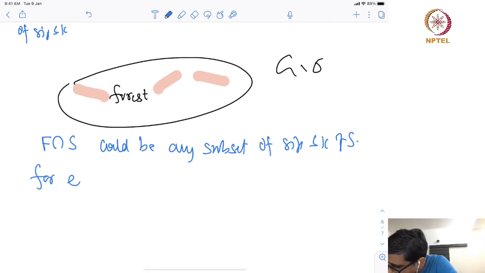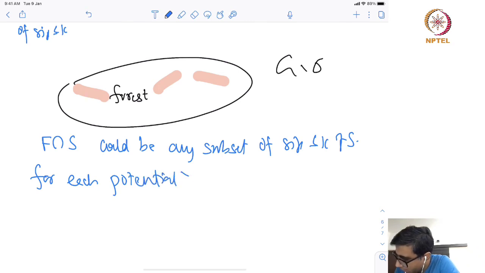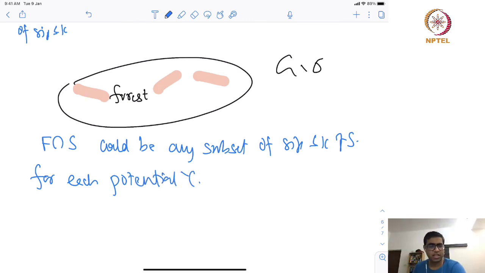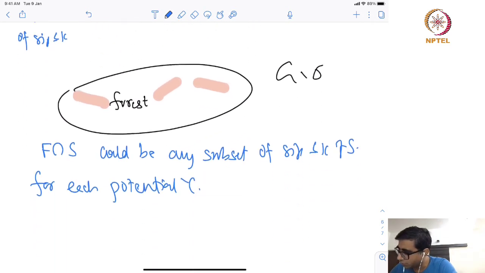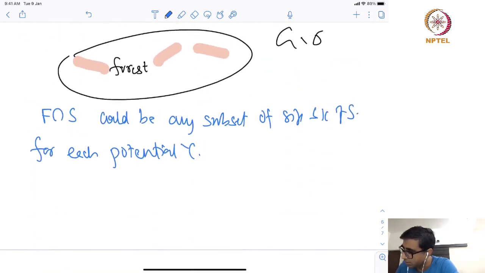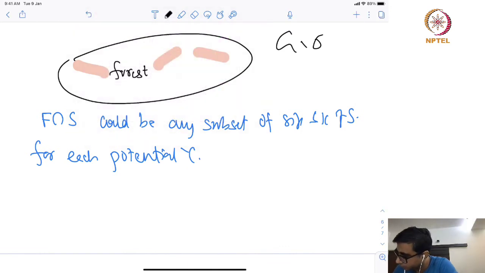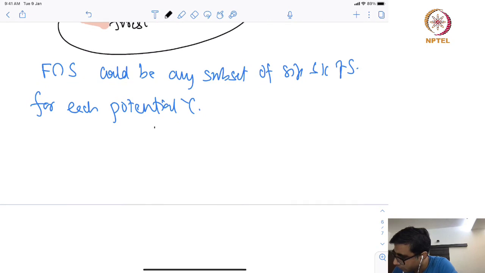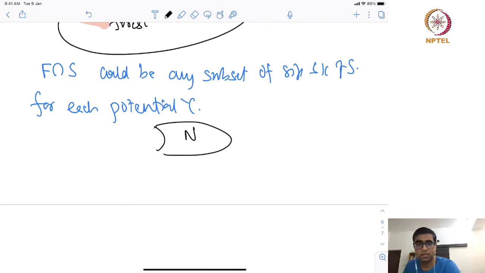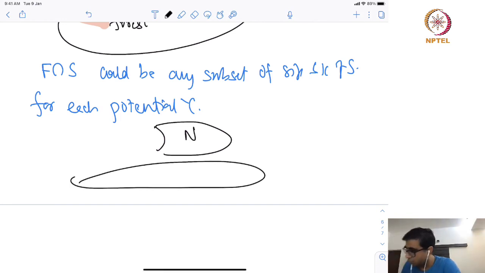So, what I am going to do for each potential Y, what problem are we solving? Now if you notice, the problem becomes as follows. What is left is N. And what are you looking for?